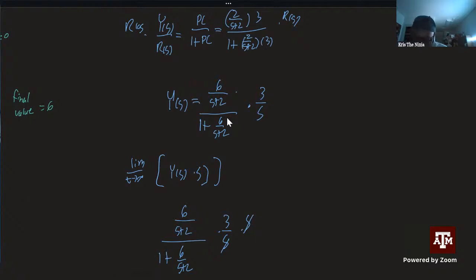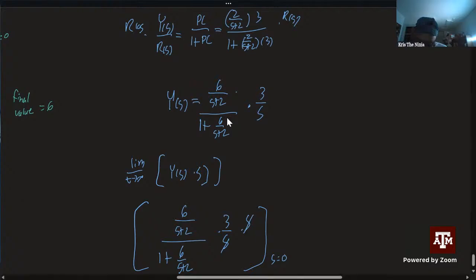At this point, we're making S equals 0, because of one of the properties. So now rewriting this, we have 6 over 2 times 3, which gives us 18 over 2, which is 9.